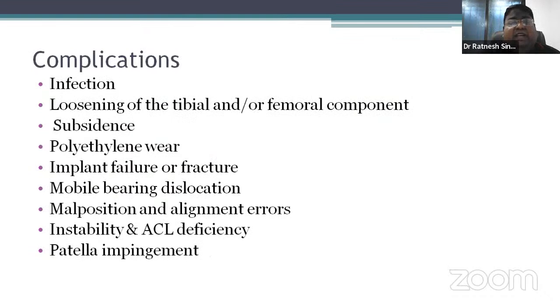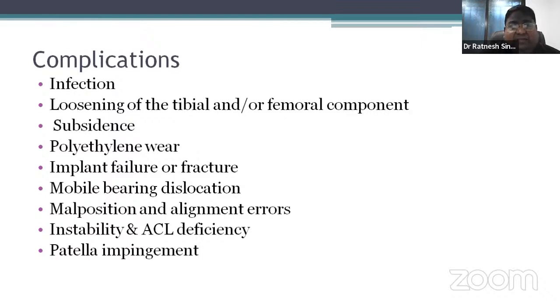Now coming to the complications of unicondylar knee: infection. As I already said, the infection rate is much lower in cases of UKA compared to TKR. Loosening of the tibial or femoral component. It could be subsidence of the tibial component, which is more common, especially in soft bone, so it is contraindicated there.